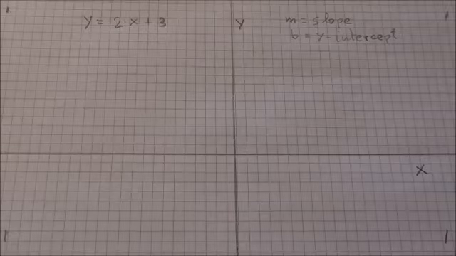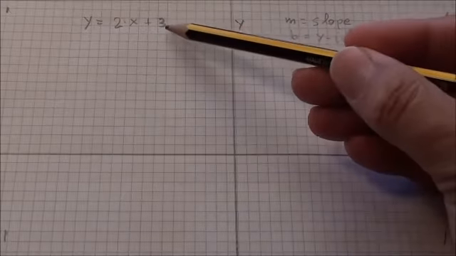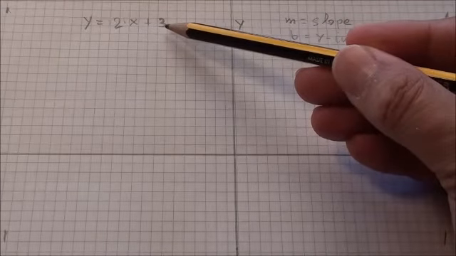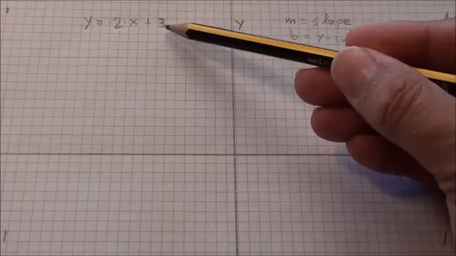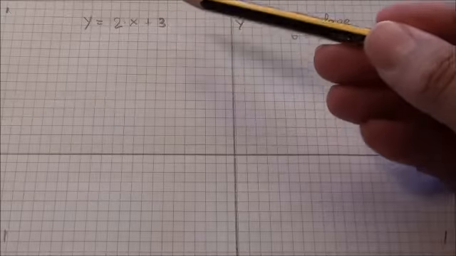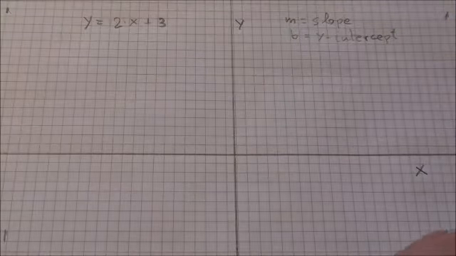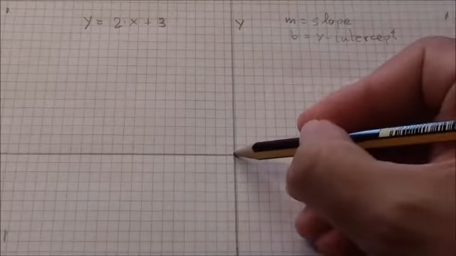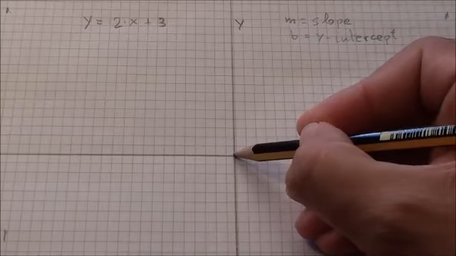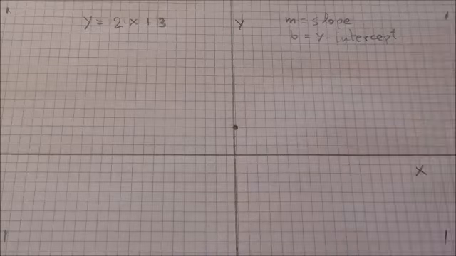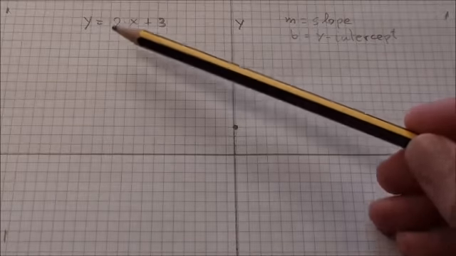Then let's focus first on the y-intercept. The y-intercept tells us where we have to start. The y-intercept is telling us that the line hits the y-axis at number 3. So we are going to start at number 3. 1, 2, and 3.